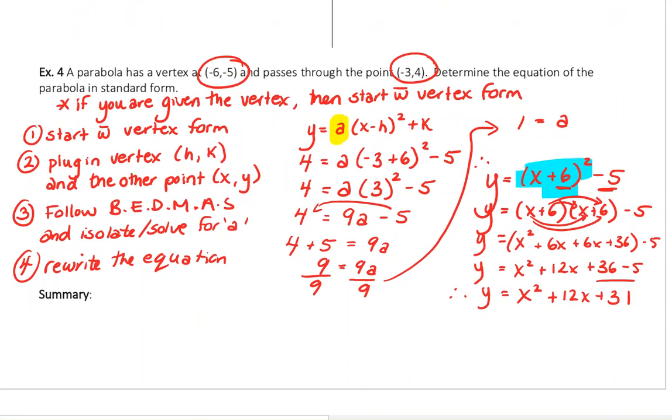Okay, and therefore we have our summary here at the end. All I'm saying here is, one, the a value controls or defines the direction of opening.